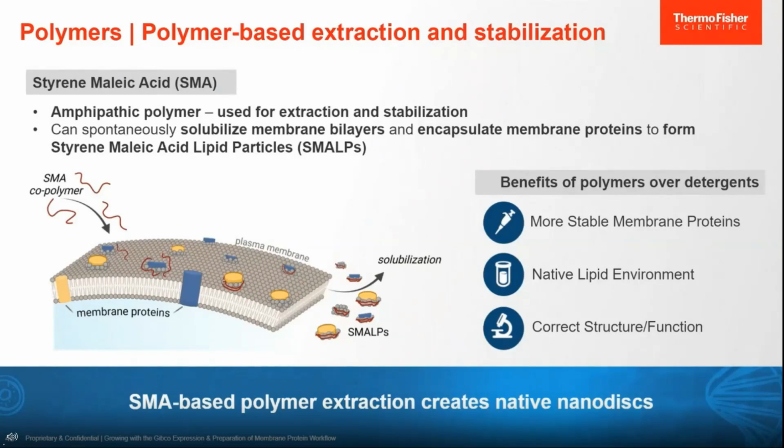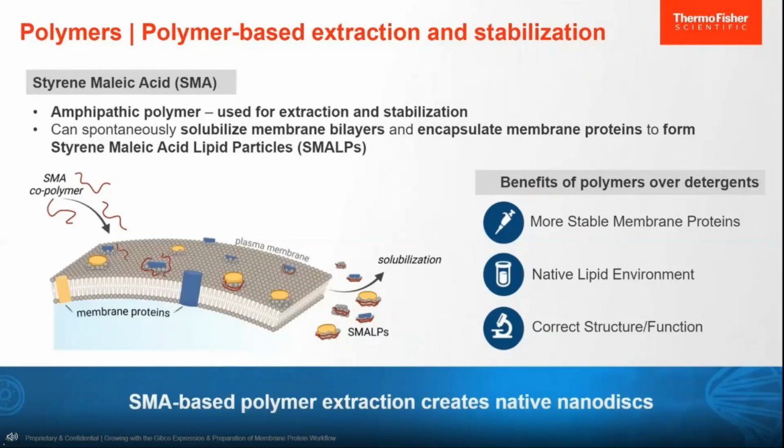This schematic shows how an SMA creates a lipid particle by interacting with the native lipid bilayer along with the membrane protein. These SMA copolymers spontaneously incorporate chunks of the lipid bilayer, creating these SMALPs. And they're random, so they might contain different protein-lipid complexes or even just chunks of lipids themselves.